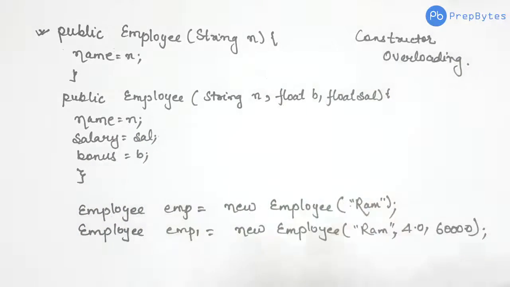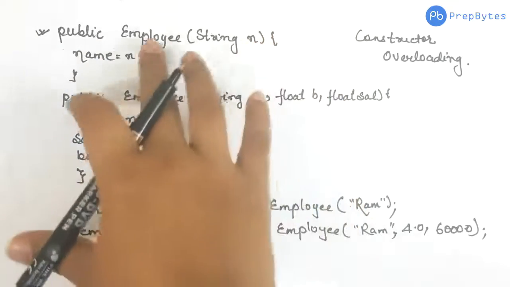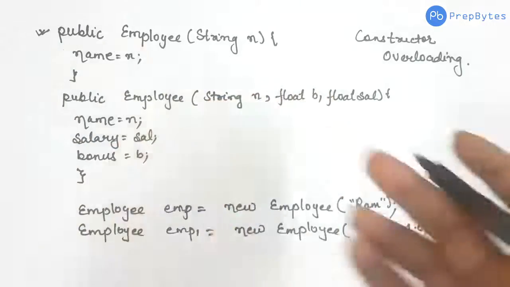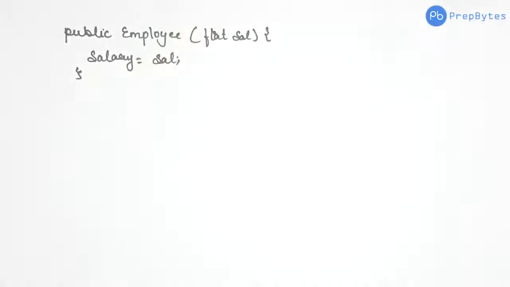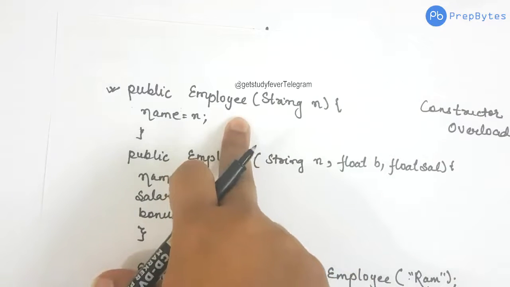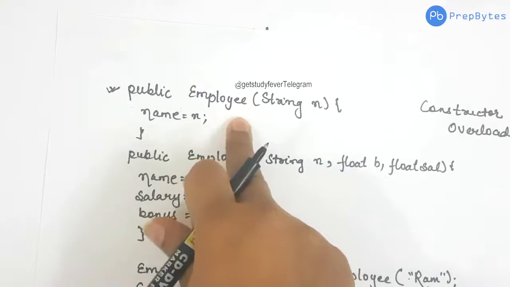It may happen that we have 2 different constructors that have a single parameter. So let's take an example. Let's say I have one more constructor here. This constructor is also having a single parameter and this constructor is also having a single parameter. So now when we have the same number of parameters, the compiler checks the data type.